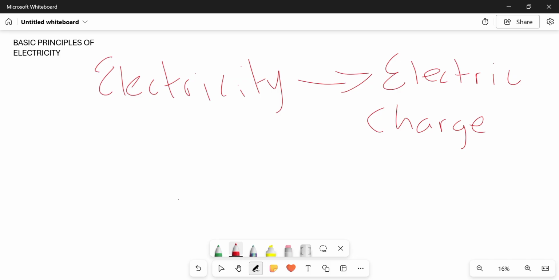So after you defined electricity, you will have to look at the conductor and insulator. So what is a conductor? And what is an insulator?